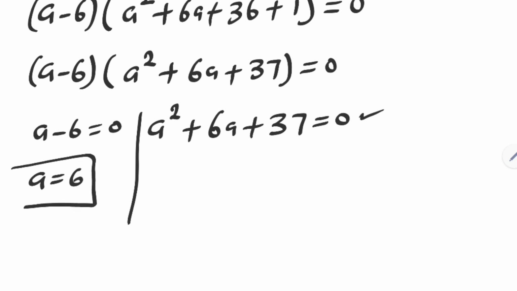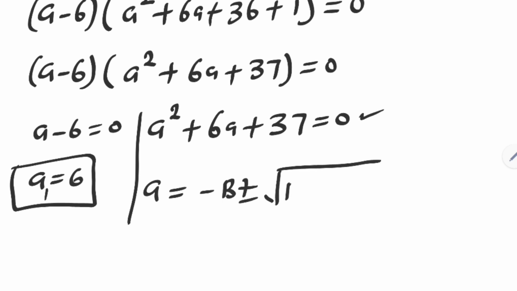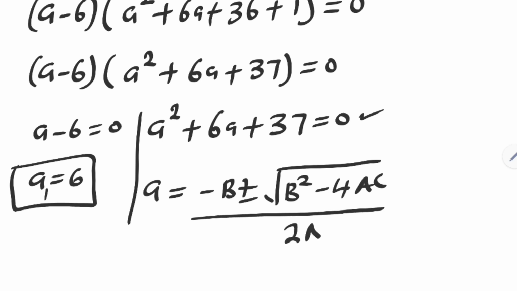Because we've got the first value of a, which is a1, then a is equal to minus b plus or minus square root of b square minus 4ac divided by 2a. And from this equation, a is equal to 1, b is equal to 6, and c is equal to 37.